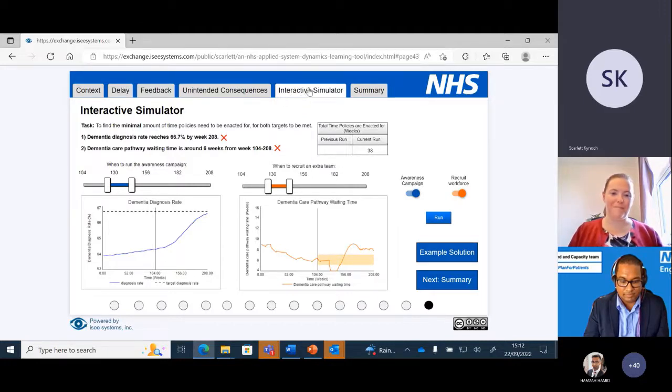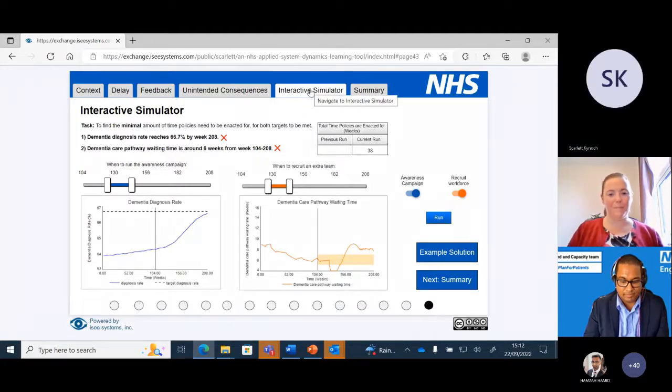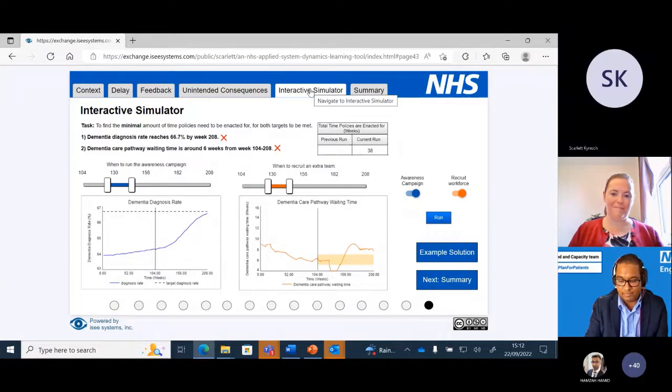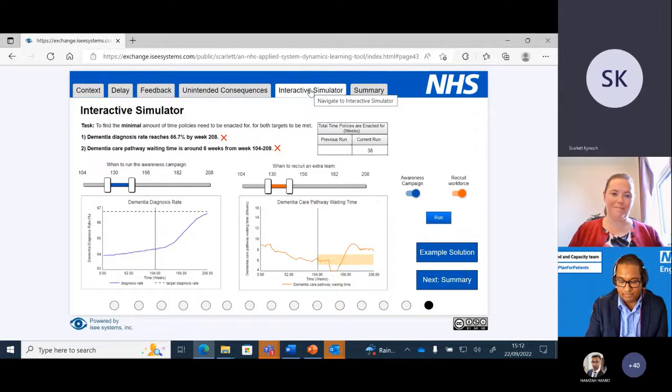You can click the tab on the top here, and that should take you to either the navigation tool or the task. If you hit the task, you will first be reintroduced to that task. It will take you through what each of the targets are, and it's only when you proceed to the interactive simulator that you're on the actual interactive simulator page.